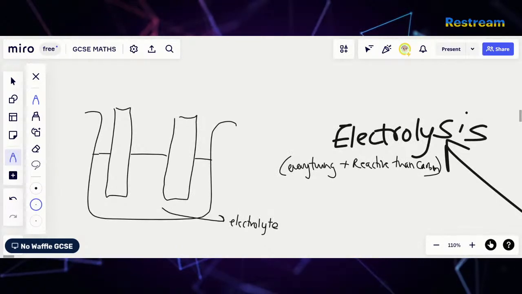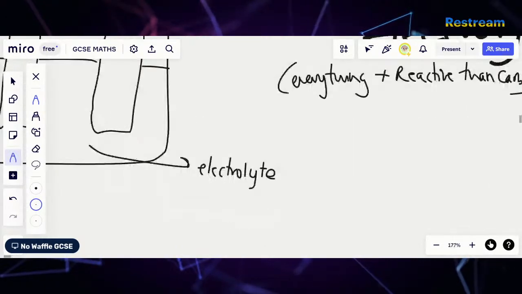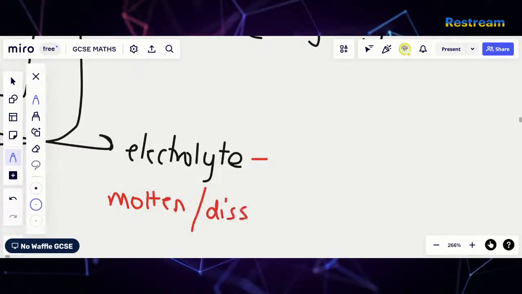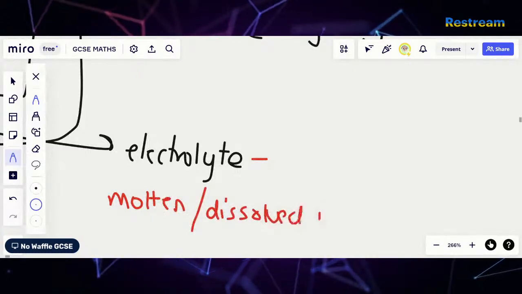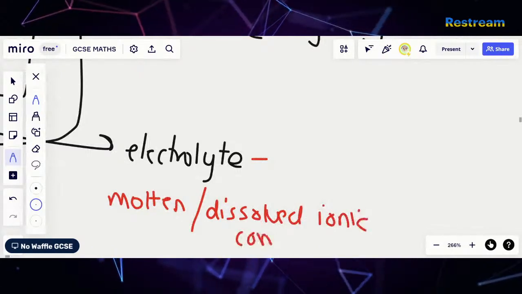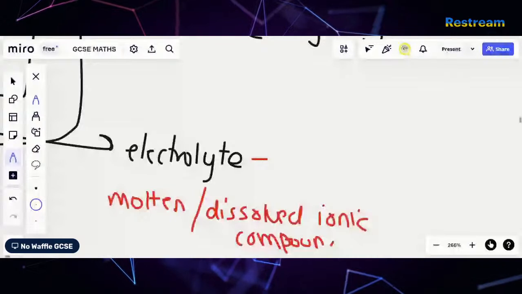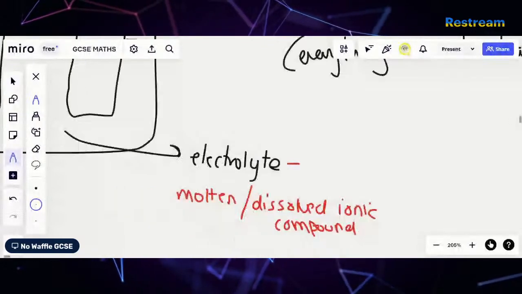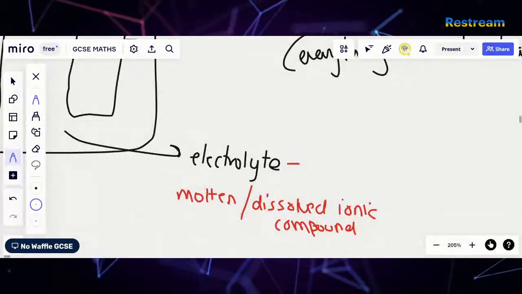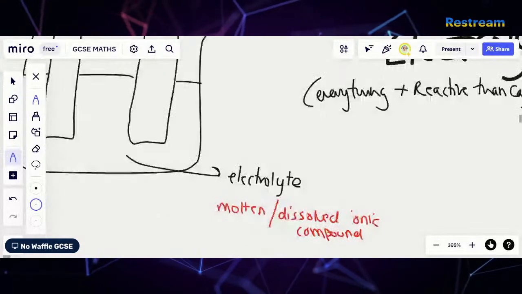What does that mean? Molten or dissolved ionic compound. So whatever you're trying to split up, say if it was aluminium oxide, you would physically melt the aluminium oxide.